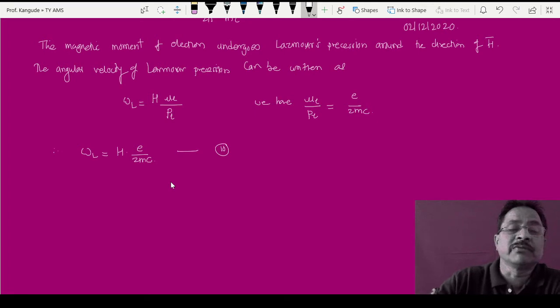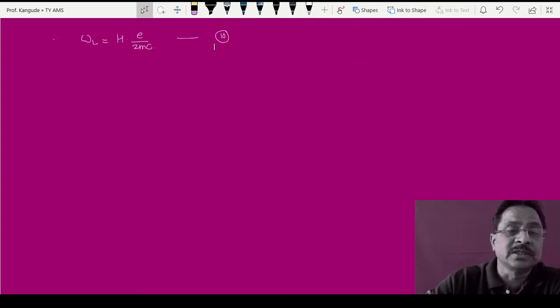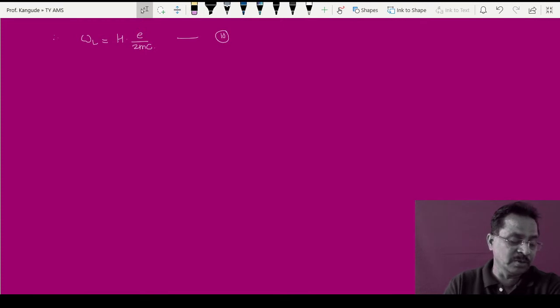But remember, this equation is not yet final. It has to have certain modifications. Now how are these modifications made?